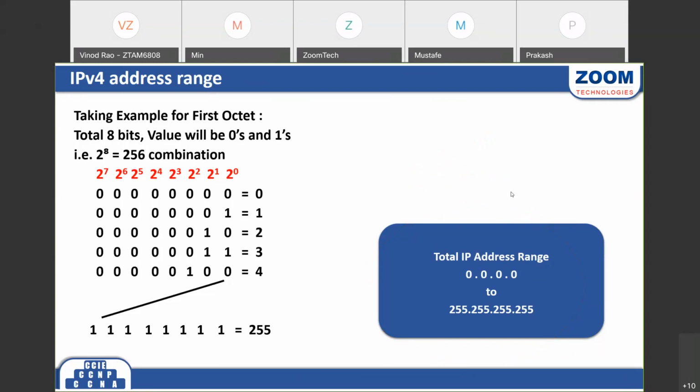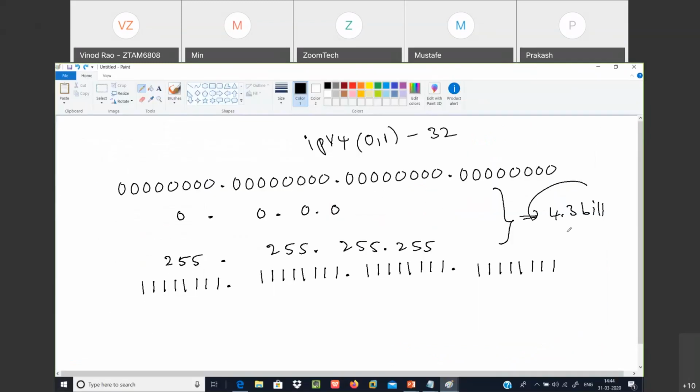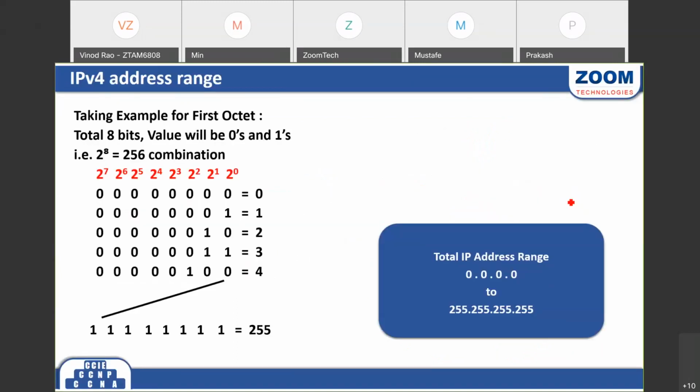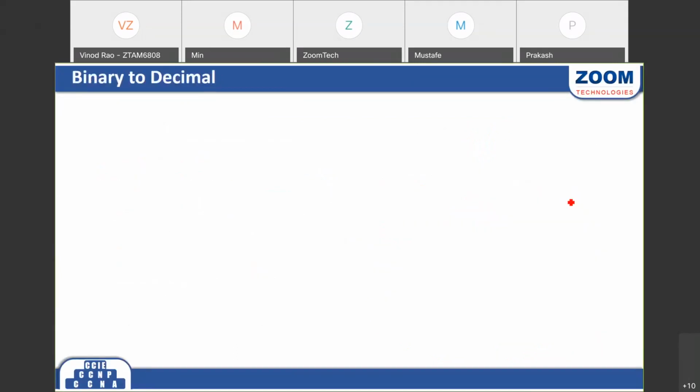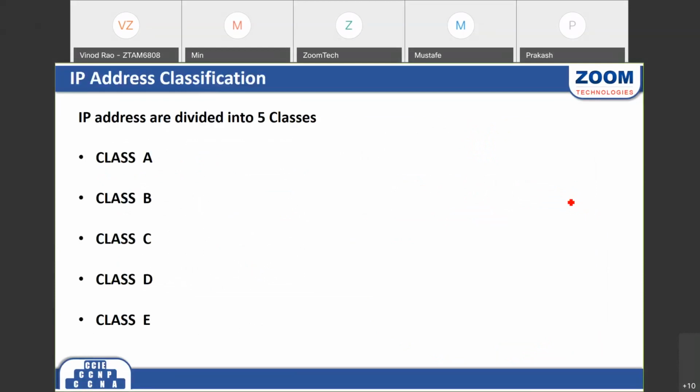Now, all 4.3 billion IPs are classified into 5 classes. IP address classification: IP addresses are divided into 5 classes: Class A, Class B, Class C, Class D, and Class E. First, Class A, Class B, Class C are used in LAN and WAN.